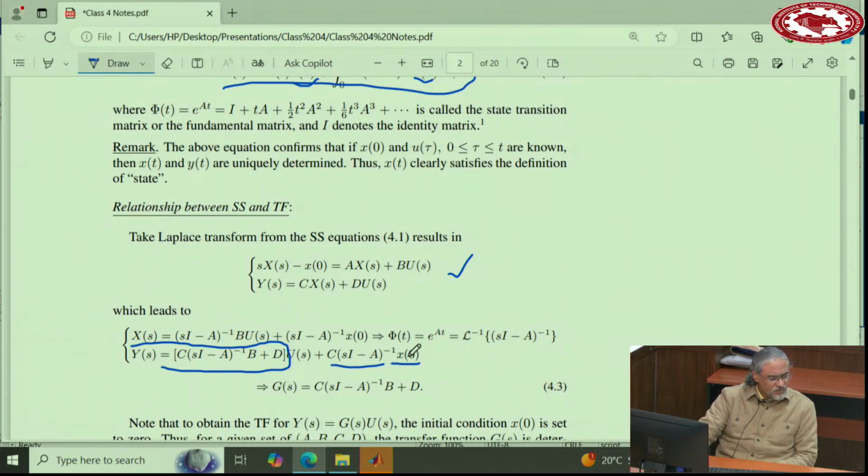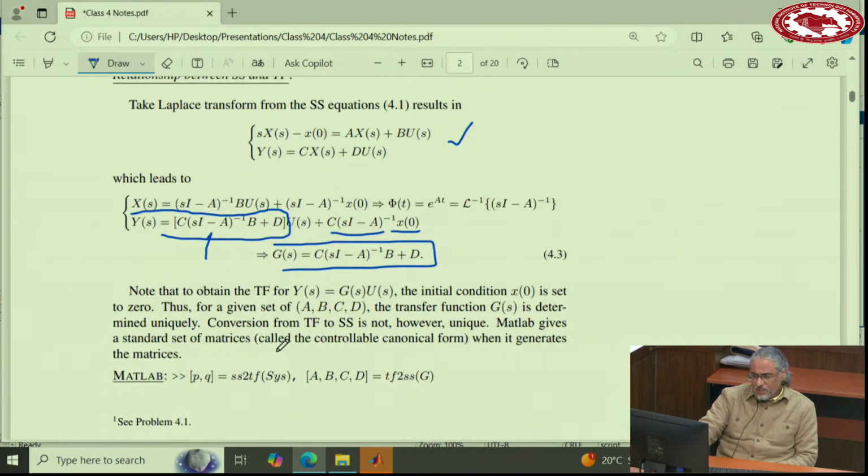Now in the transfer function approach, we do not care about initial conditions. All we care about is the relationship between input and output. So this is the transfer function. In other words, if you have A, B, C, and D, then you can calculate the transfer function. That is the relationship between A, B, C, D, or the state space, and the transfer function.